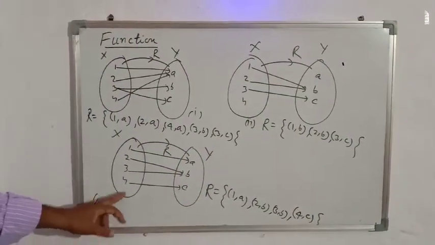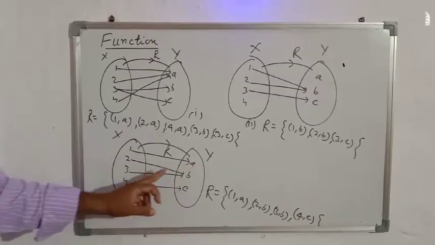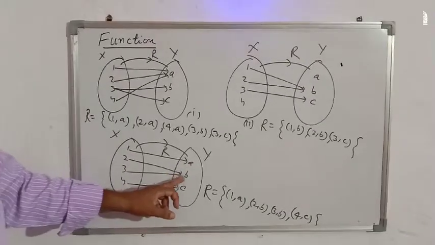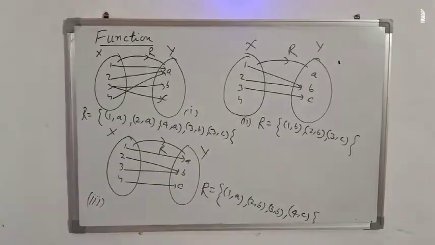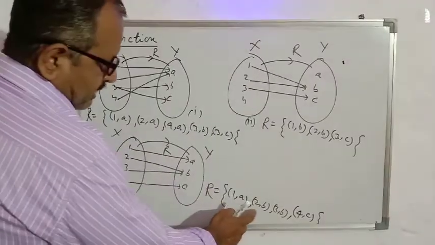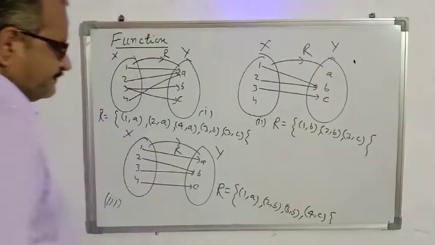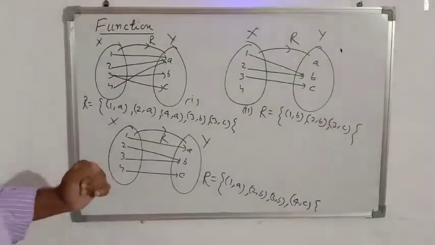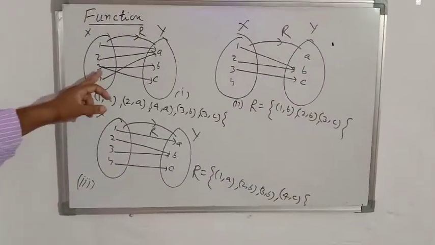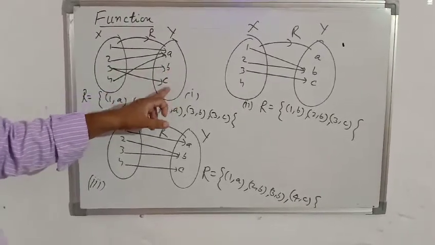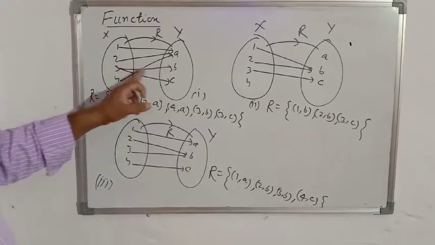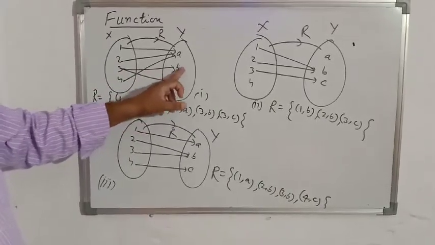And in the third case, 1 is connected to a, 2 and 3 both are connected to b, 4 is associated to c; we can write it 1a, 2b, 3b, 4c. So what do we have to observe here? In the first case, the element 3 has two images, it is related to two elements.